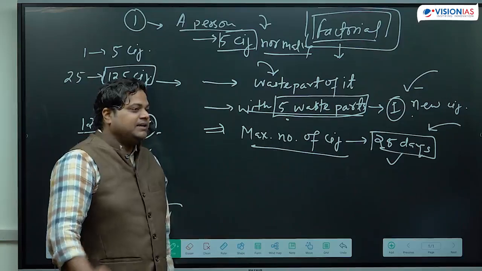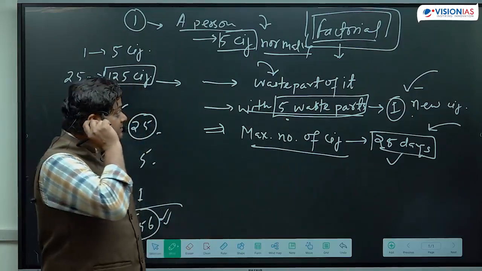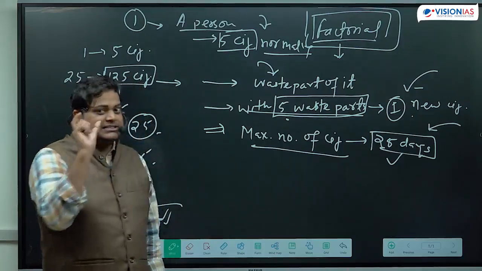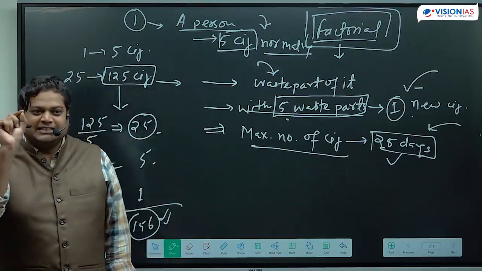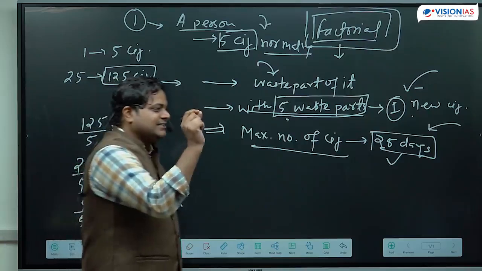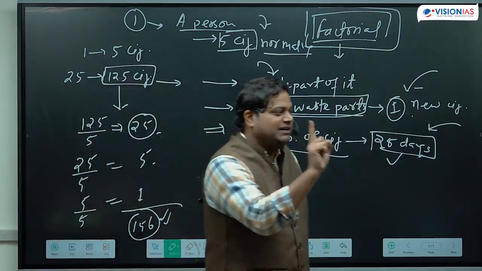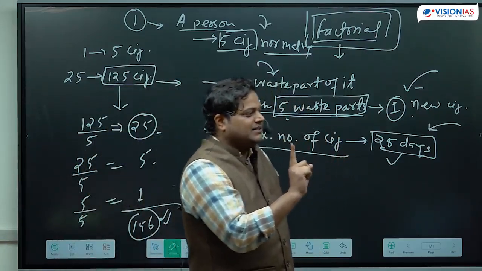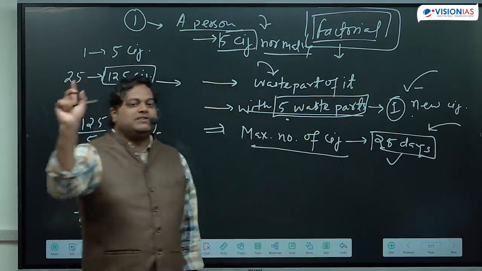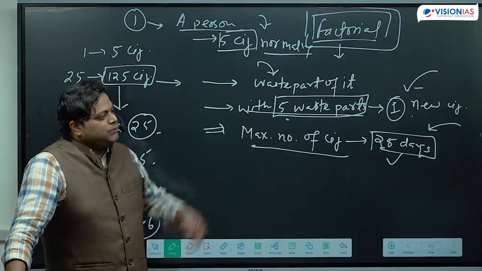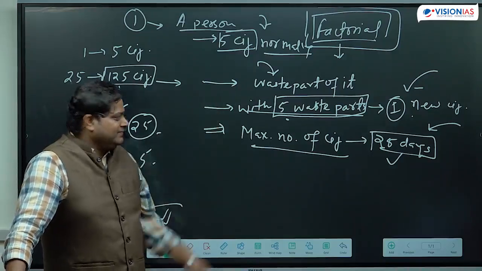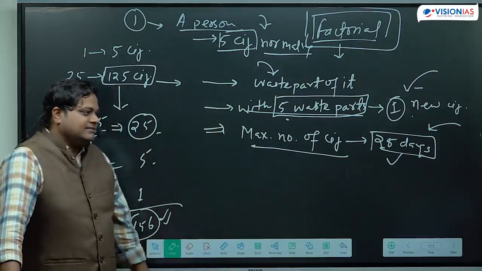So that is not given कि maximum 5 cigarettes one person can smoke in one day. If it is given in the first statement कि maximum 5 cigarettes a person can smoke in one day. This is not given in the question. Normally this person is smoking 5 cigarettes a day. It can go beyond the 5.